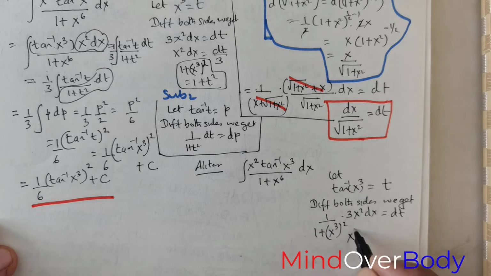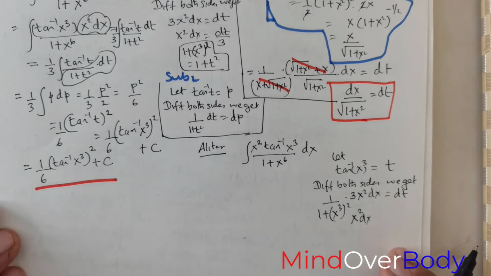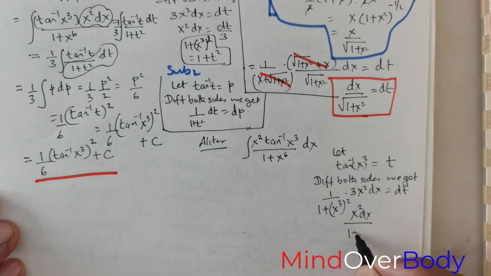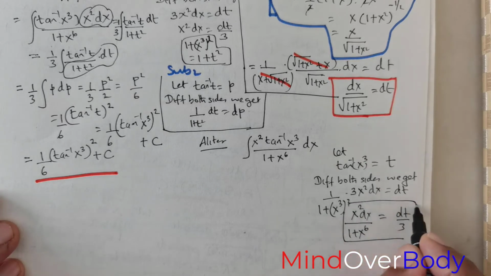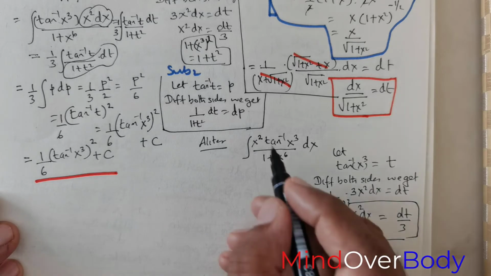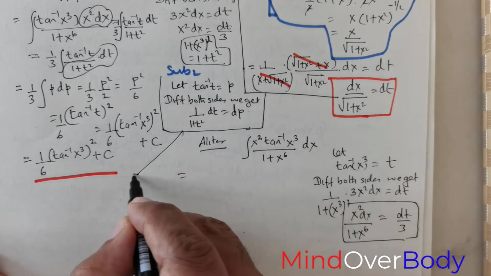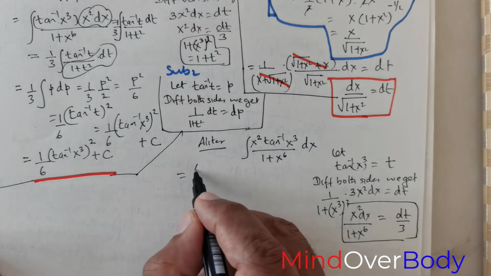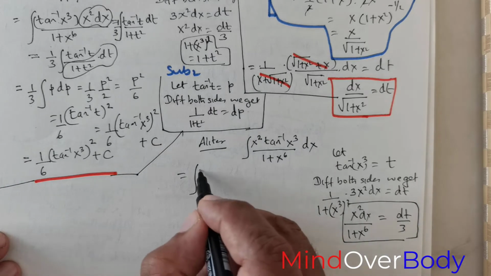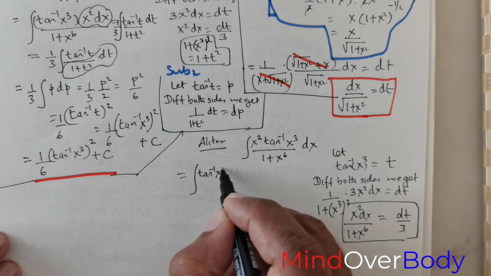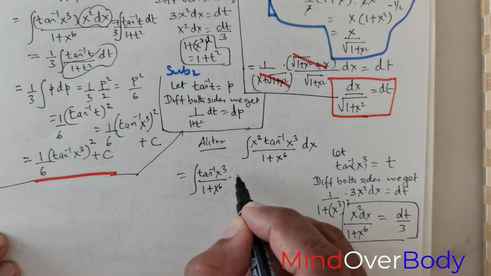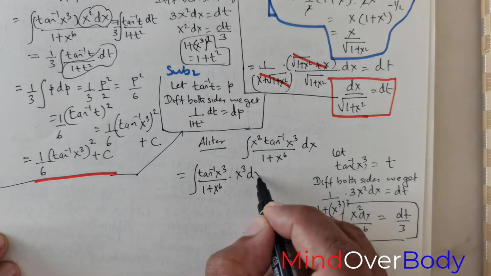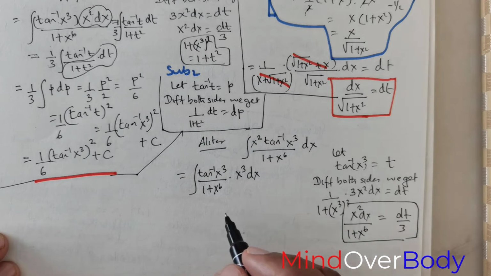So I'm going to rewrite this as x squared dx over 1 plus x raised to the power of 6 is equal to dt over 3. So this is going to be my substitution. I'm going to rewrite this as the integral of tan inverse of x cubed over 1 plus x raised to the power of 6 times x squared dx.